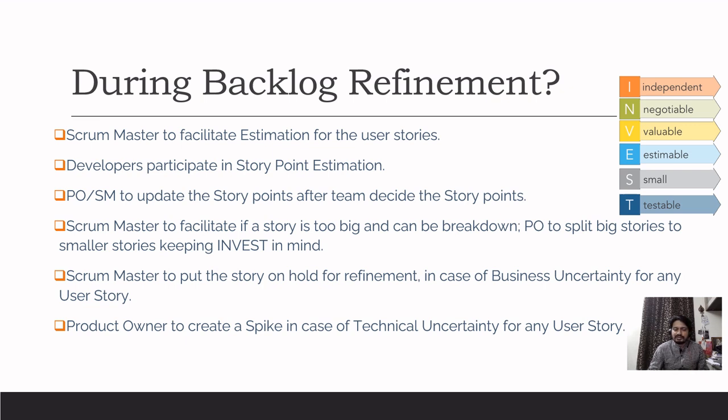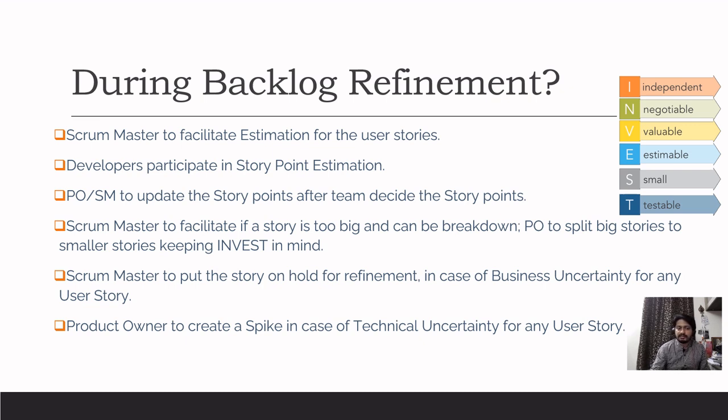So the team will get into a discussion again, and with the PO's discretion, the PO can split those big stories into smaller stories, keeping the INVEST criteria in mind, right? And if it's possible, we can do that. Then we will just re-estimate those split stories, those sliced stories, give the story points, and park them in the product backlog. So that's one of the things that we can do.